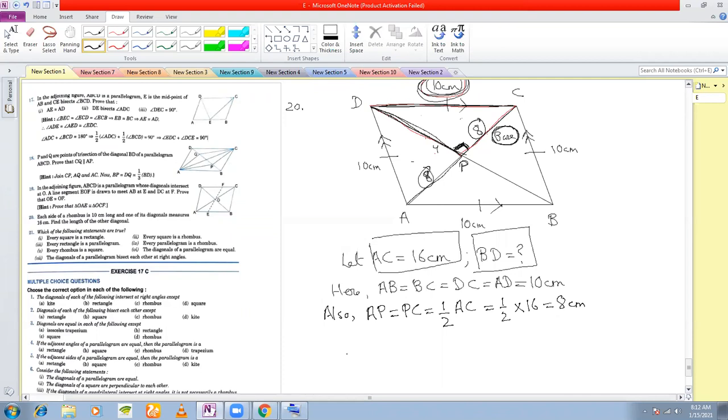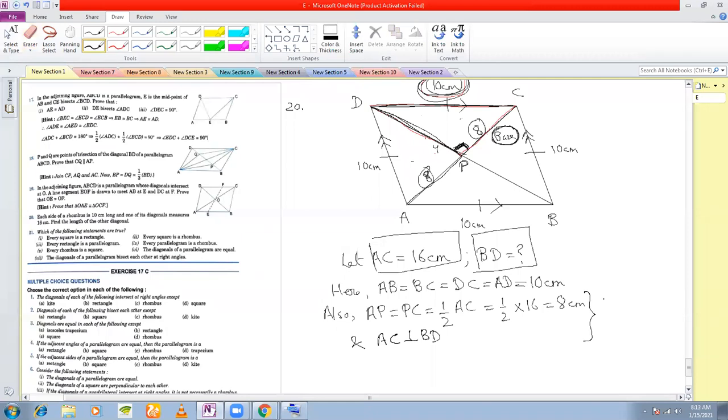Okay. So now AC is perpendicular to BD, right? You'll write here also, AC perpendicular to BD. What is the reason here that you will give?